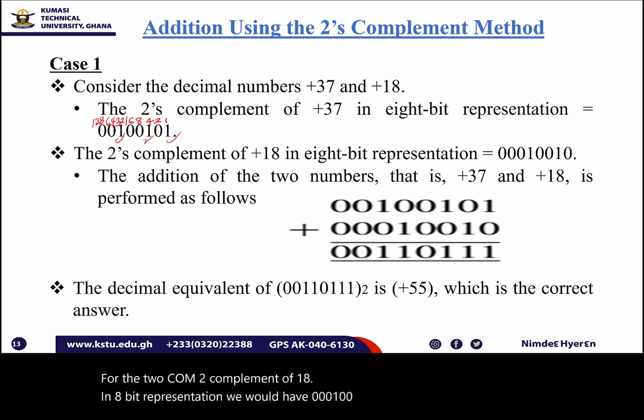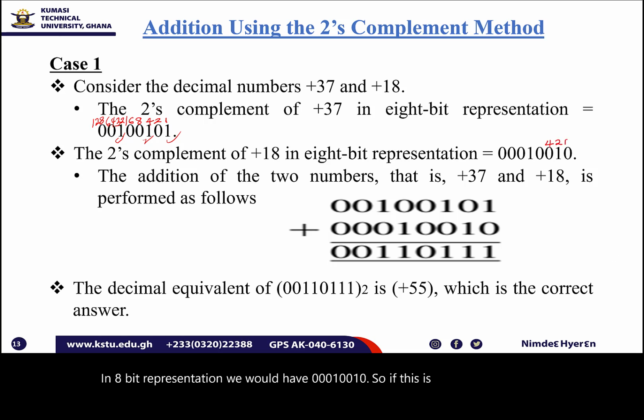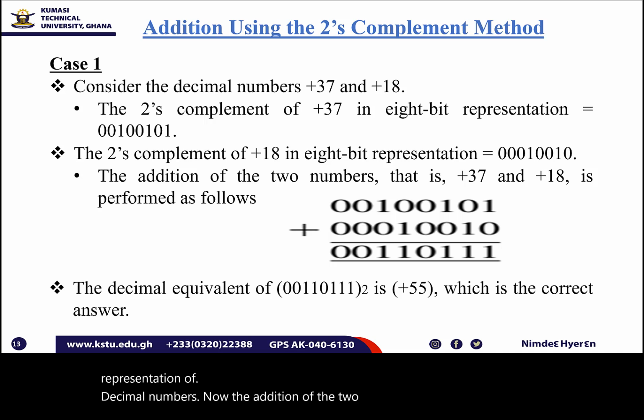So if this is 1, 2, 4, 8, 16, 16 plus 2 would give us 18. So that will be the binary representation of these decimal numbers. Now, the addition of the two numbers, that is 37 and 18, is performed as follows.